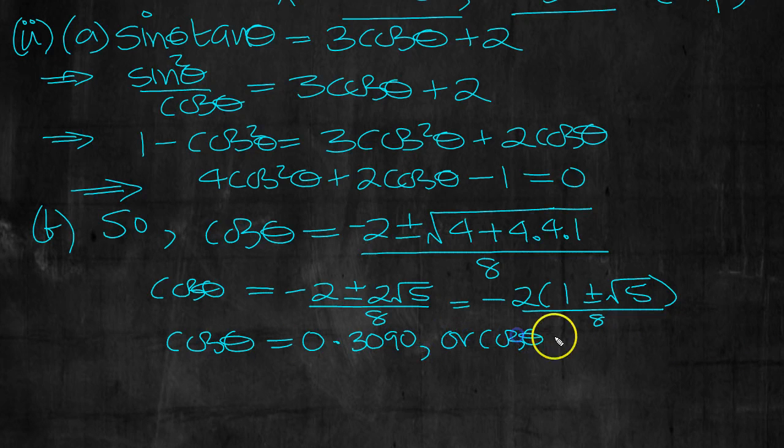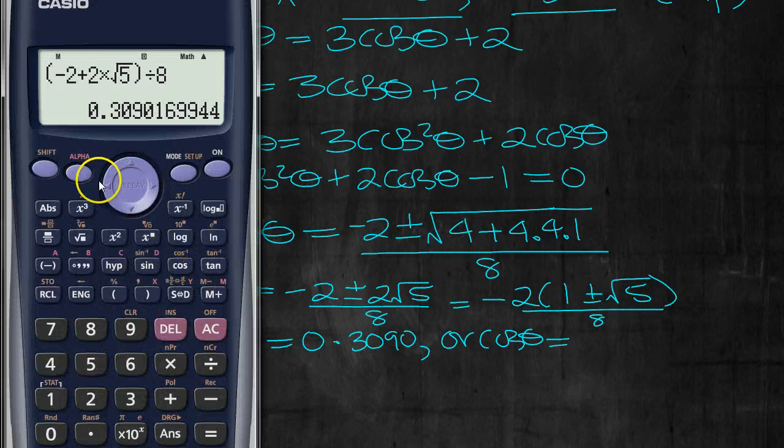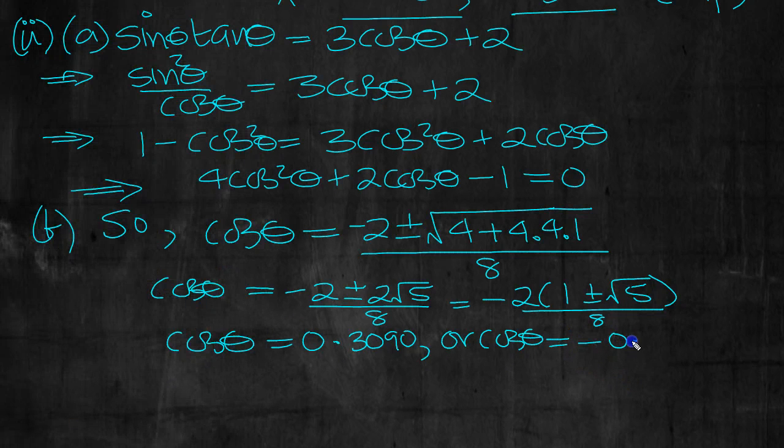Or cosine theta is equal to, now we'll do the minus. So minus 2 minus 2 root 5, to the decimal, is minus 0.8090. Okay, there's our two values.